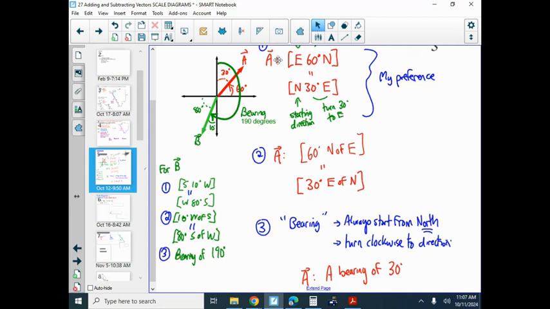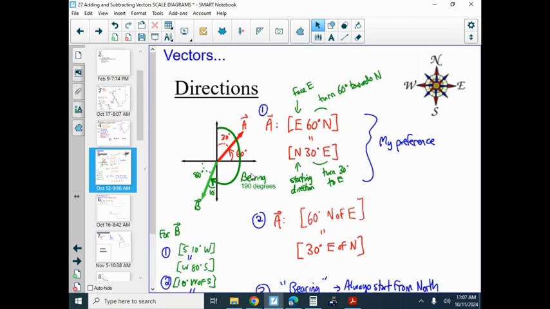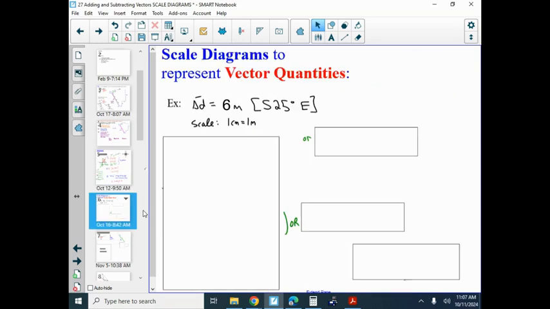But picture that. To me, I find that a little weird to say, because you're like, okay, face north and then turn 190 degrees to face the way the direction is meaning. But those are just common ways to communicate directions of vectors.